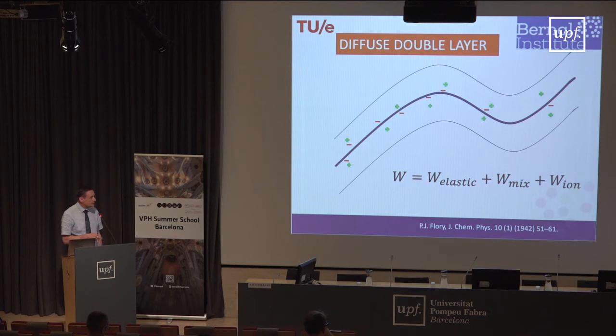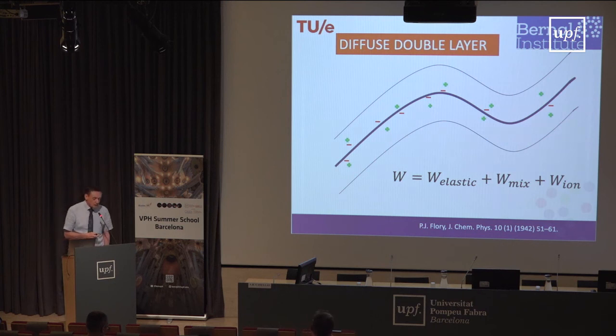One is elastic free energy, the second is mixing free energy, and the third is the ionic free energy. Ionic free energy is the one responsible for Donnan osmosis. Many people working in cartilage and disc know they work with Donnan osmosis. So this free energy of ions is very, very important.